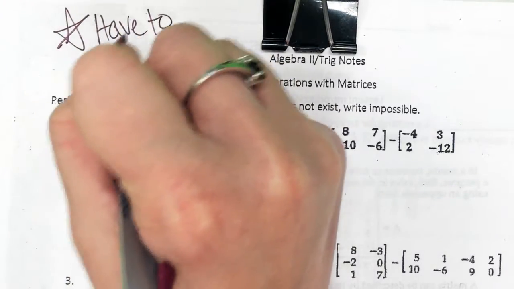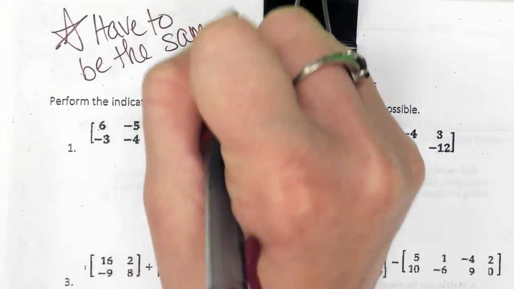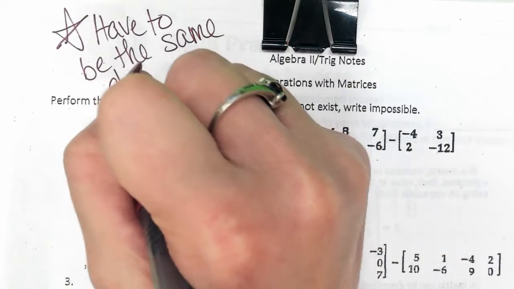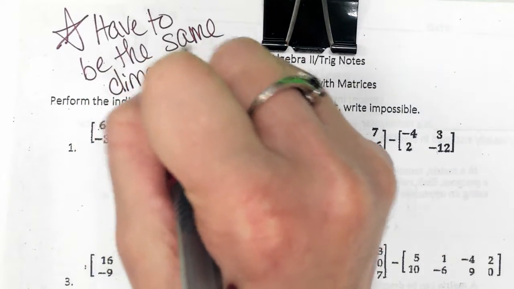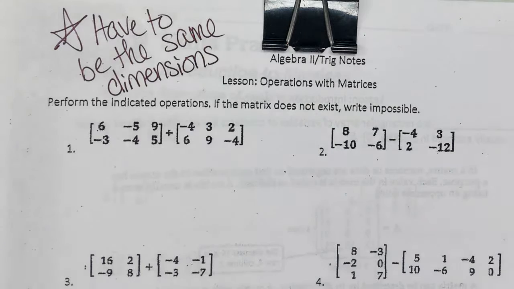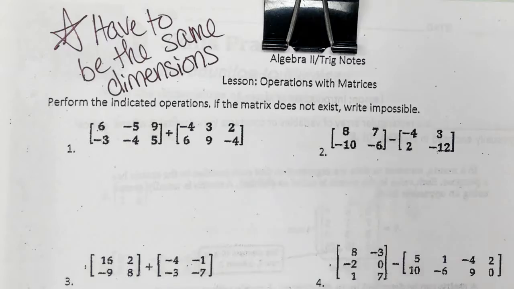They have to be the same dimensions. When you add or subtract, they have to be the same dimensions. If they're not the same dimensions, read the directions and tell me what we do. Write impossible. There you go.